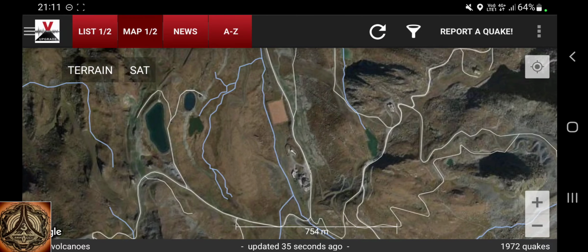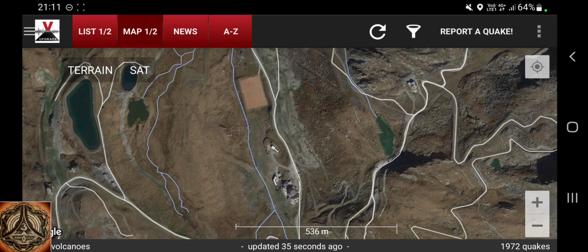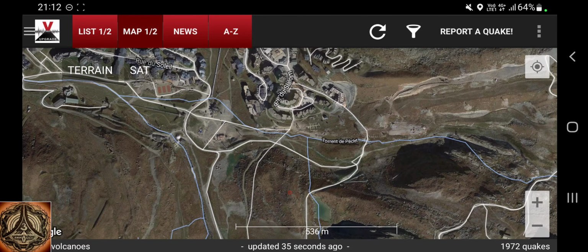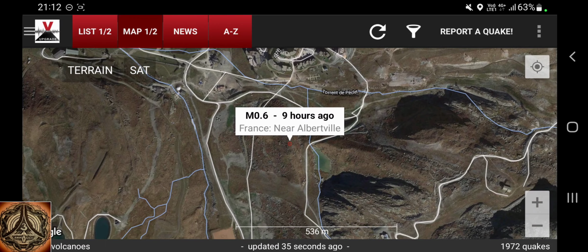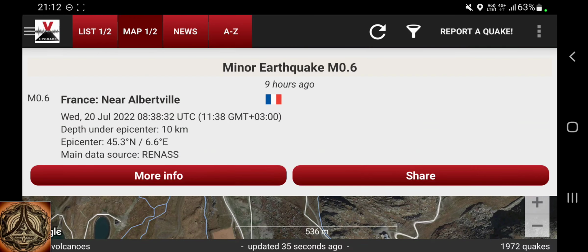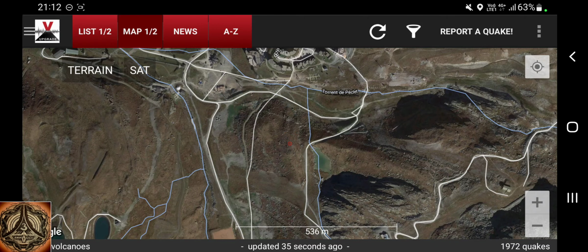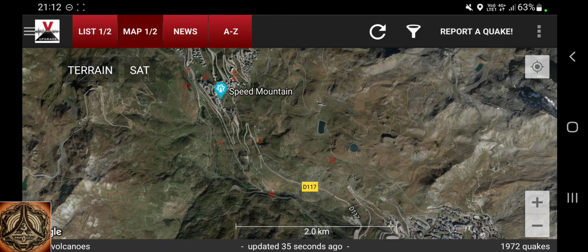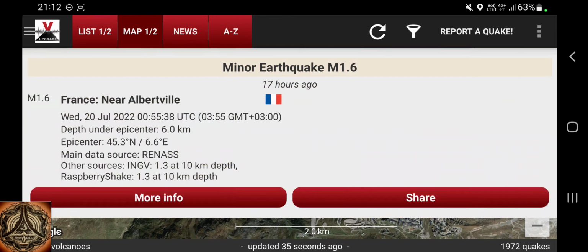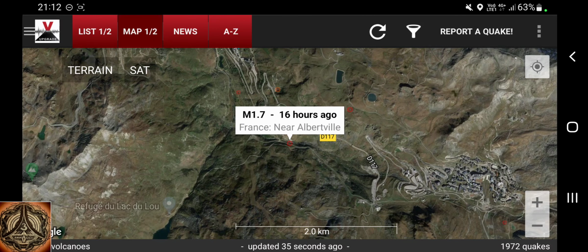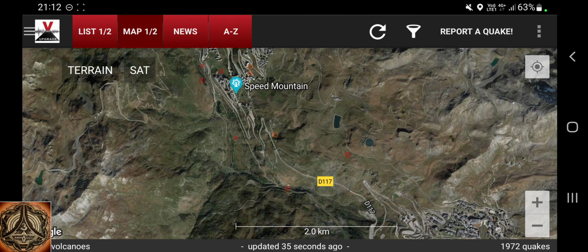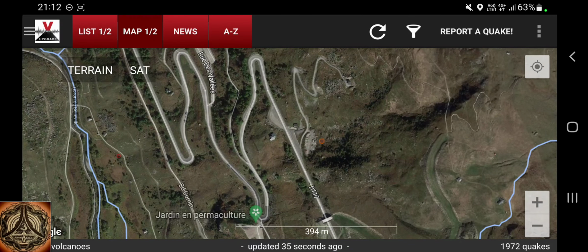We have lakes, many water veins, which doesn't come as a surprise. 9 hours ago, 10 kilometers in depth doesn't probably tell us anything about the depth. And also I'm really aware that the places where those quakes are happening, they might vary by hundreds of meters. So take them with a grain of salt.